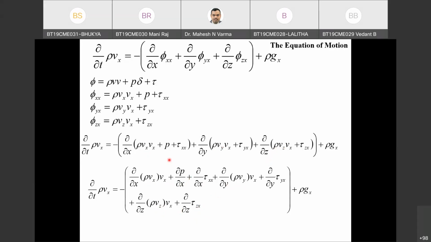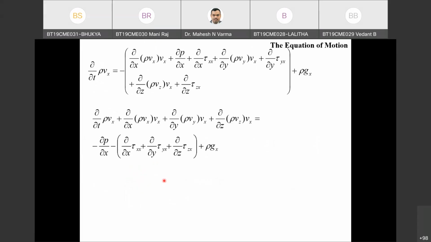So you can see this differential is distributed over this p and here, and this is treated as two functions. First function is rho into vx, another function is vx. Now I can use the product rule for differentiation here. This is the first function and this is the second function, and open up this bracket.